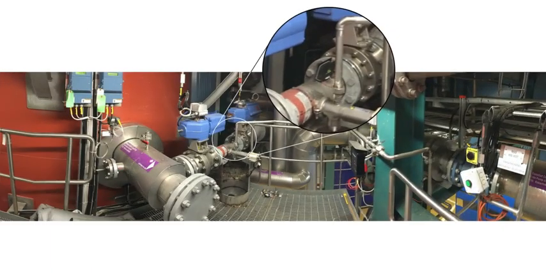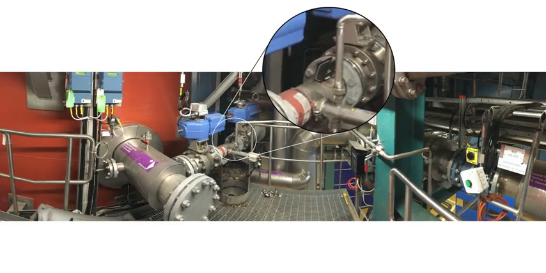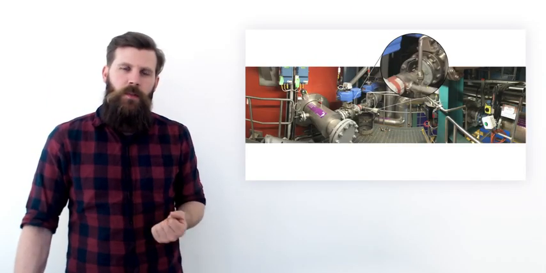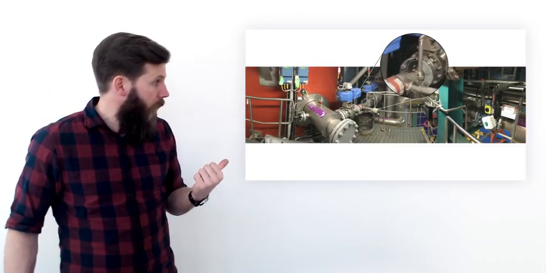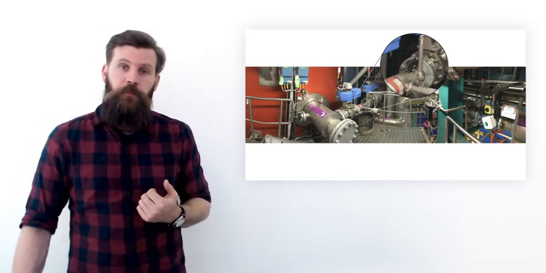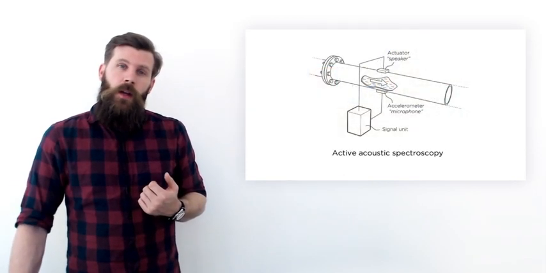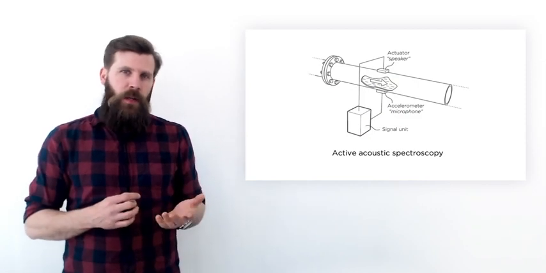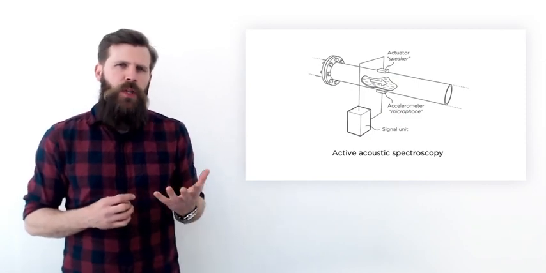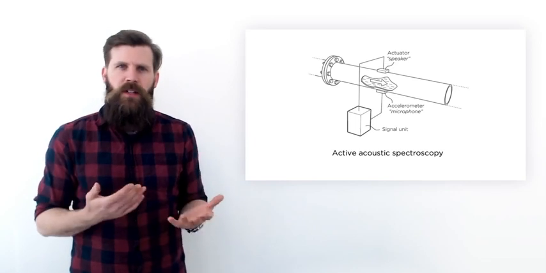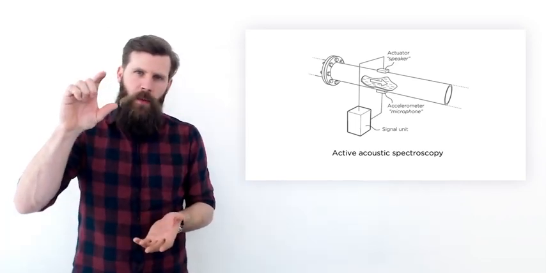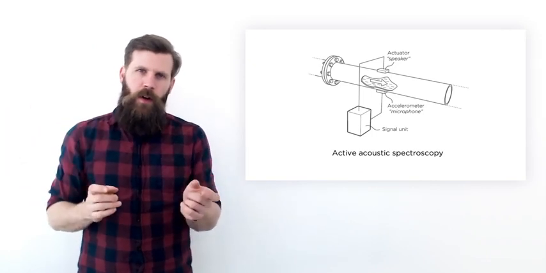This is how it looks. So if you zoom in on this one, you can see the small black box on the pipe. That's the instrument. That's the Acosense instrument. And this is from the blow line at a pulp mill. The principle we are working with is called active acoustic spectroscopy, where, to put it short, this is a presentation in itself, but to put it short, we place a speaker on one side of the pipe or the tank, and then a microphone on the other side.